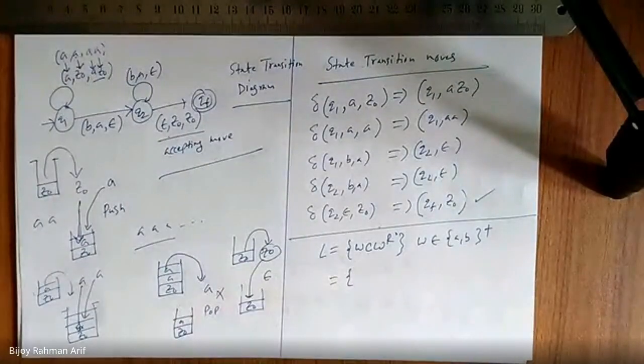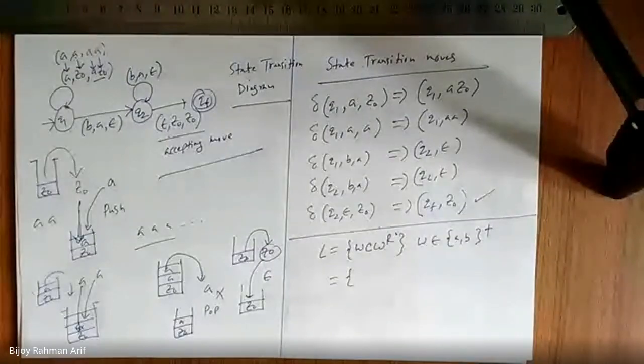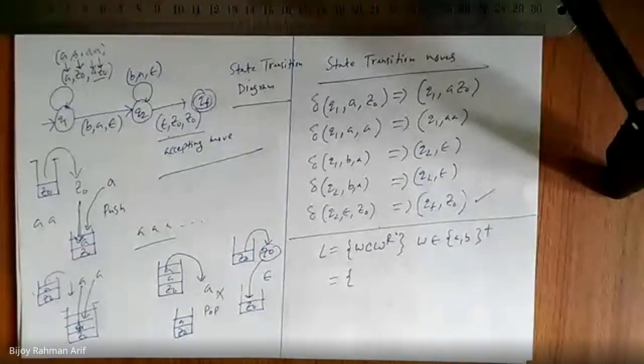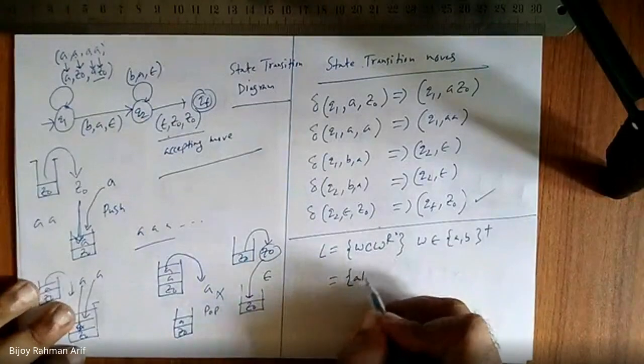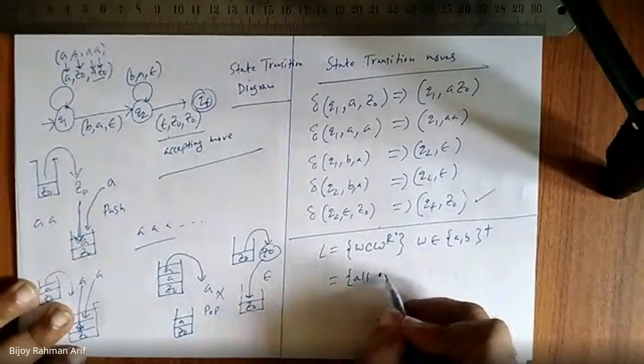What is this language? Sir, ACA. What is this language representing? This is what? All odd length palindromes.